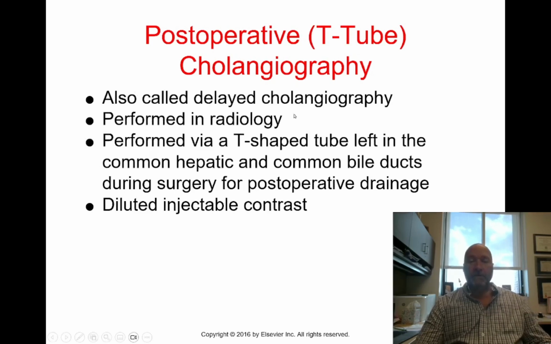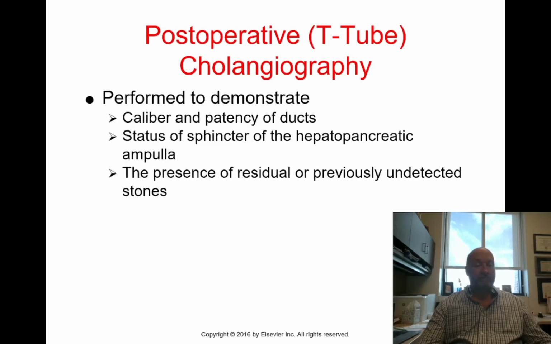It's also called delayed cholangiography because it's done a few days after the surgery, and it's done in radiology through a T-shaped tube using diluted injectable contrast, so spinal contrast, Isovue, Omnipaque, something like that is injectable. What we'll do is we'll dilute it in a lot of cases and inject it. If your hospital does not dilute it, that's fine.